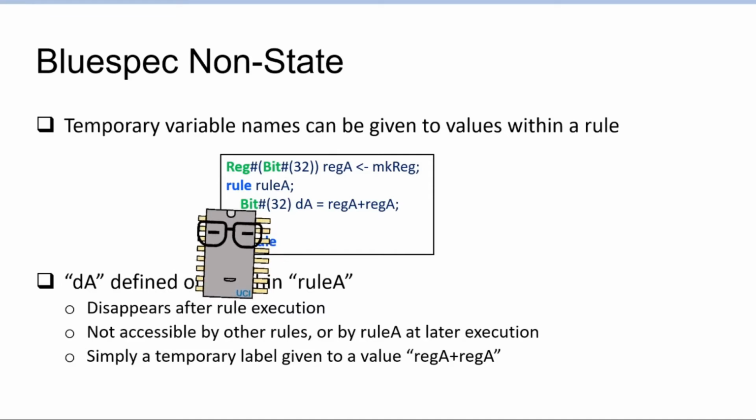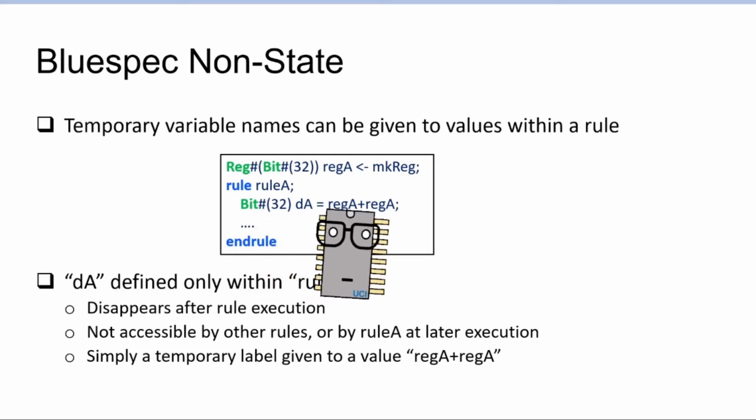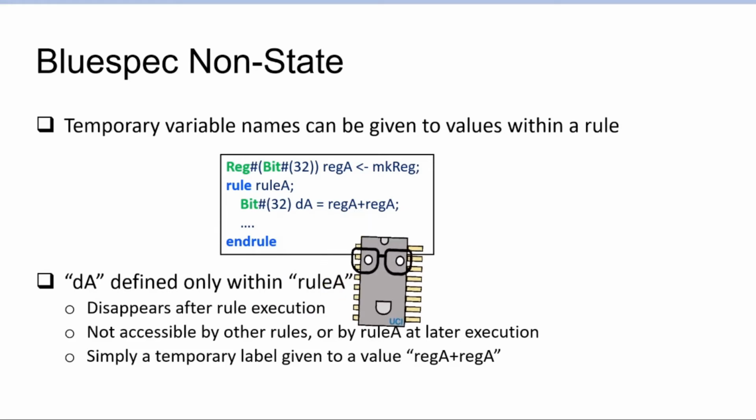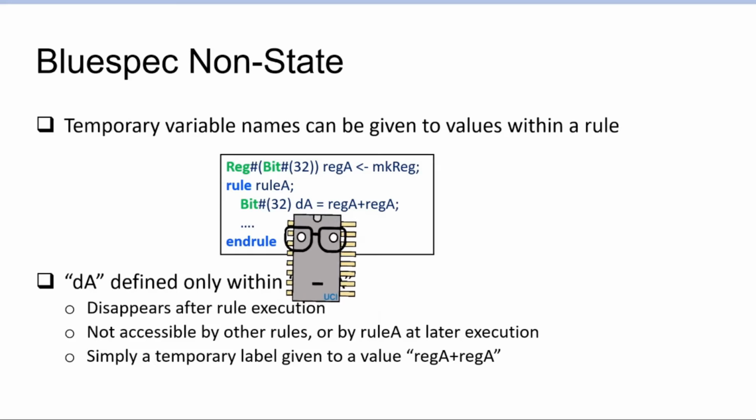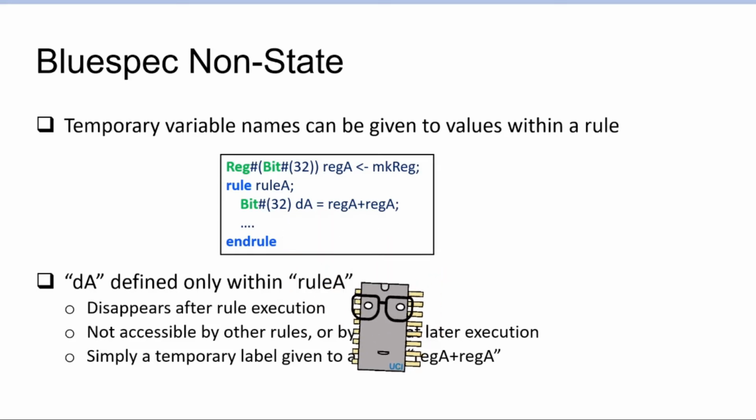You can't have module instantiations within a rule. So we're creating a temporary variable of Bit 32, which represents the value of register A plus register A. And this temporary variable dA is defined only within rule A. And of course, this value is ephemeral. It's not maintained across rule executions. It is not maintained across clock cycles.